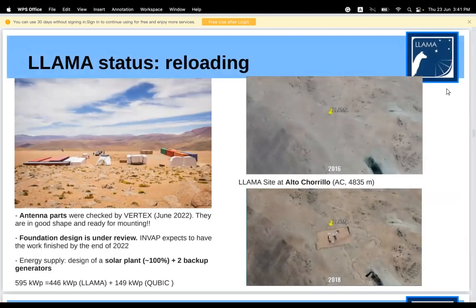So these are the antenna parts that were checked by Vertex a few weeks ago. The parts of the antenna have been in those containers on top of the mountain for several years. Apparently they are in good shape, so Vertex was very happy about that.